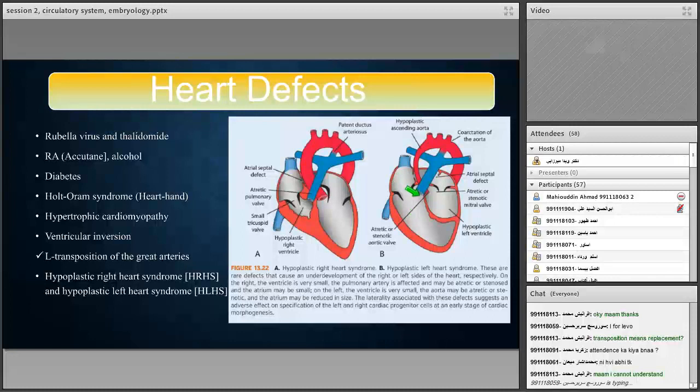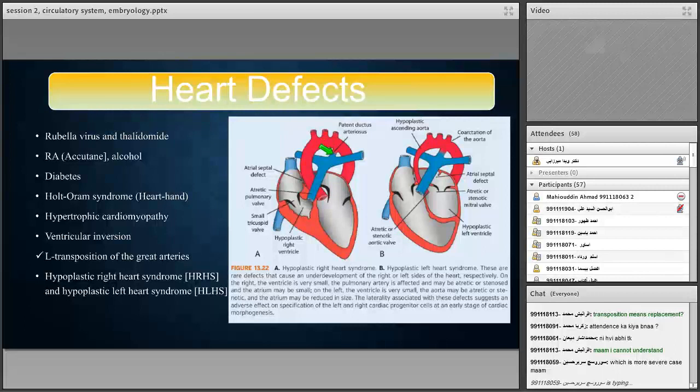In both kinds of these defects, the ductus arteriosus will remain open. They have different problems, okay?